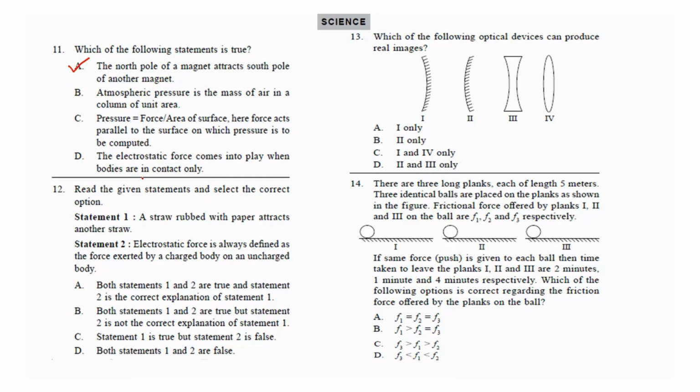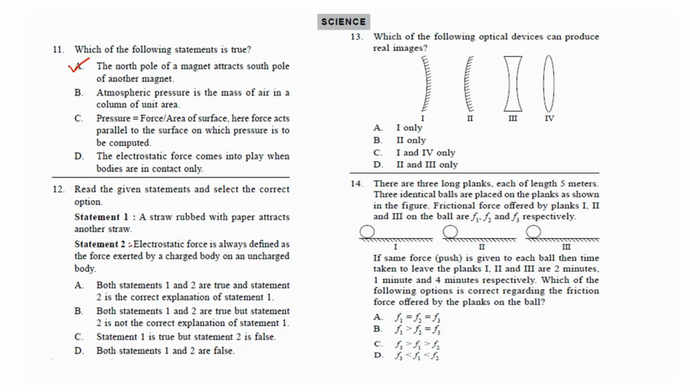The 12th question says, read the given statements and select the correct option. The first statement says a straw rubbed with paper attracts another straw. This is true. Why? Because there is an electrostatic force. When a straw is rubbed with a paper, electrostatic force is produced. So the first statement is true.